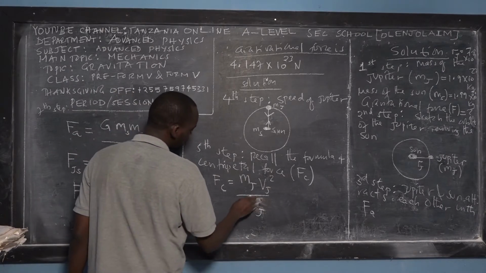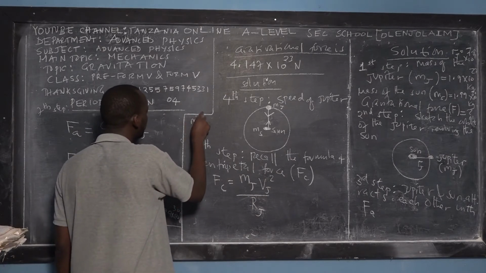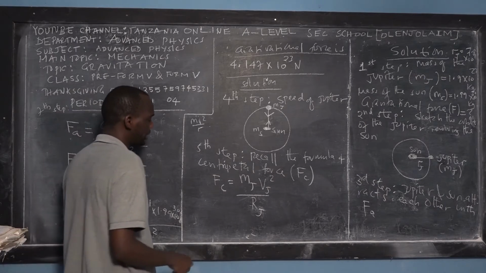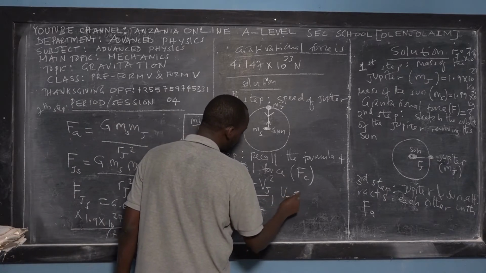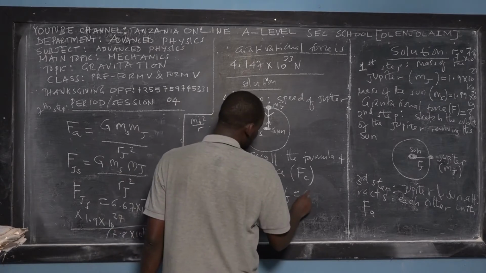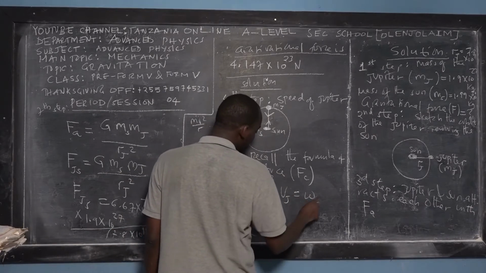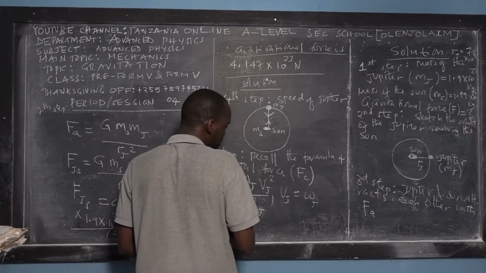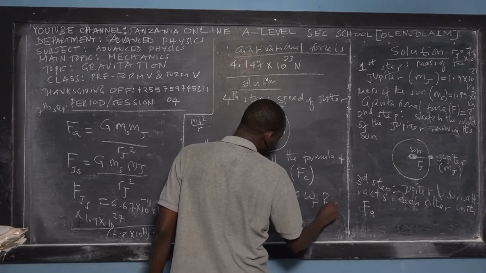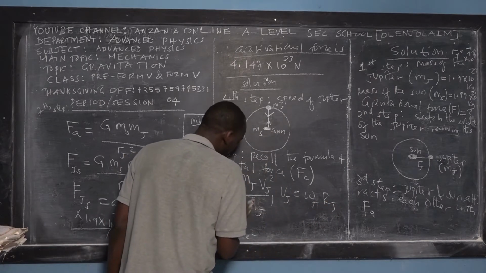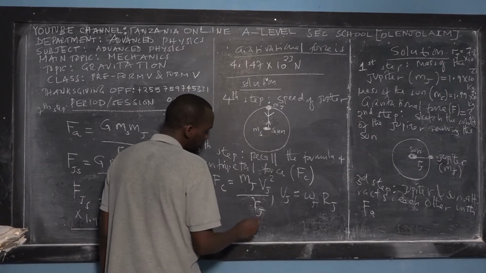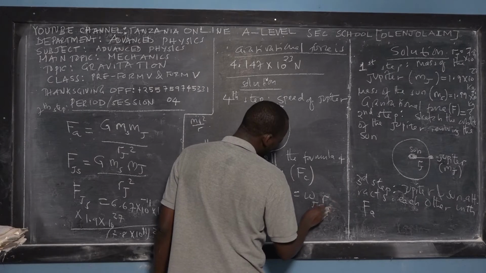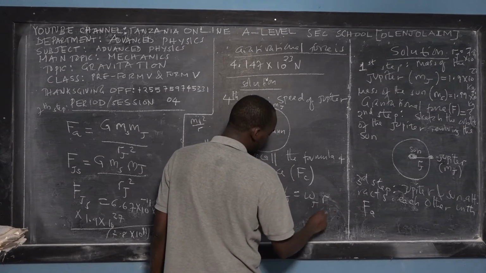It's mv squared, because centripetal is mv squared over r. Right? So from circular concept, the linear velocity is equal to the angular velocity times the radius of the Jupiter. However, for this radius of the Jupiter, we use the lowercase. So we should keep on using lowercase r, radius of Jupiter.